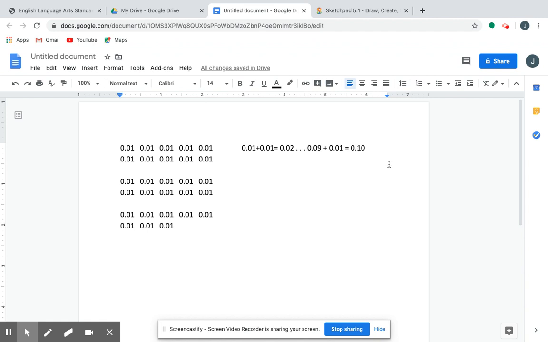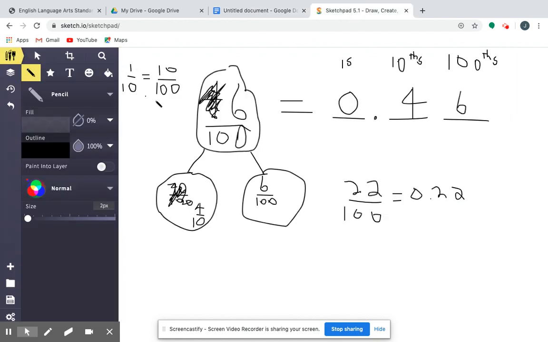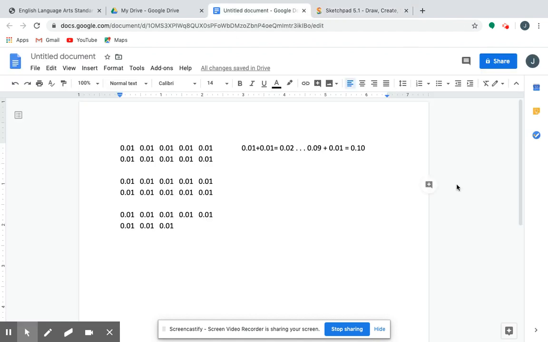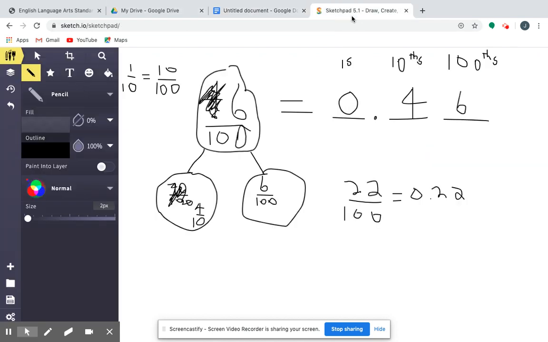Does that look familiar? It's the same as 1/10, a tenth. Or it's 10 hundredths, because remember, 1/10 equals 10 hundredths. It's still up here. 1/10 equals 10 hundredths. So we need 10 hundredths to make a tenth.